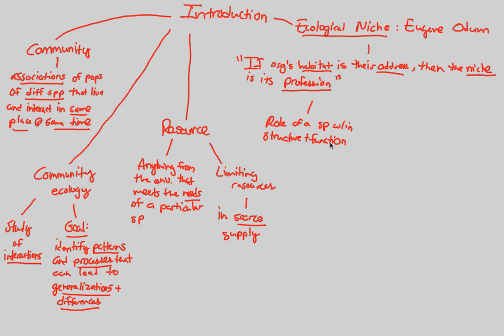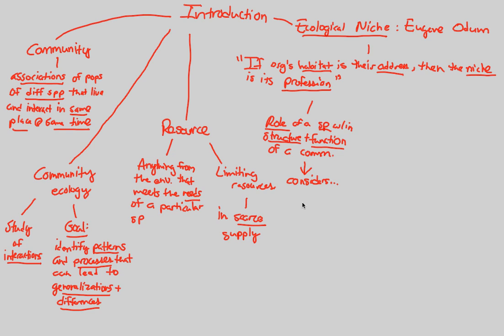Structure plus function always go hand in hand. We know what a community is, and there's going to be a role that a species plays within that community, and there's going to be a specific structure and function of such a role. This type of ecological niche considers two major components that really are important to understand.